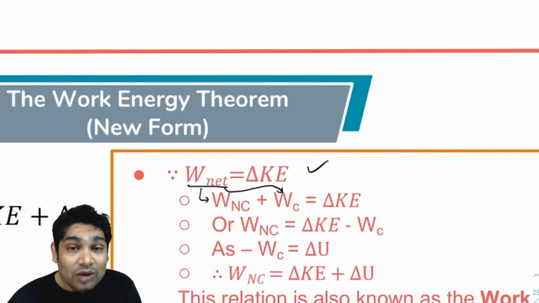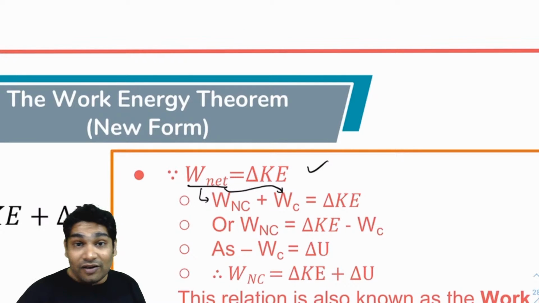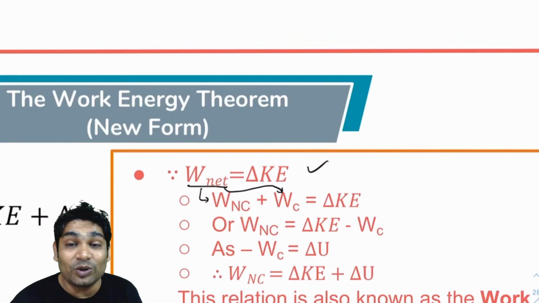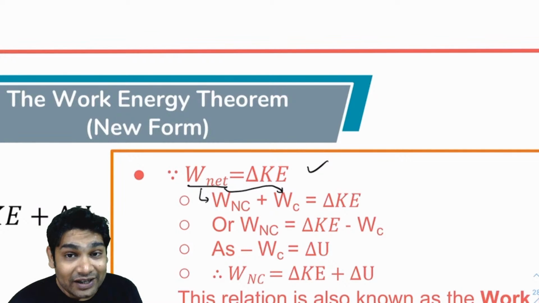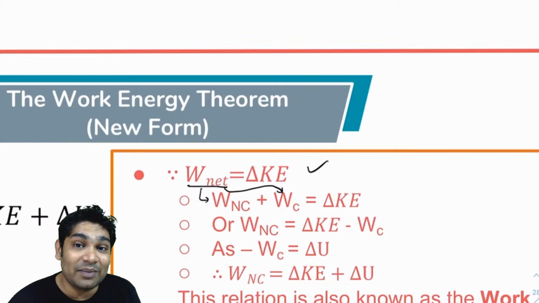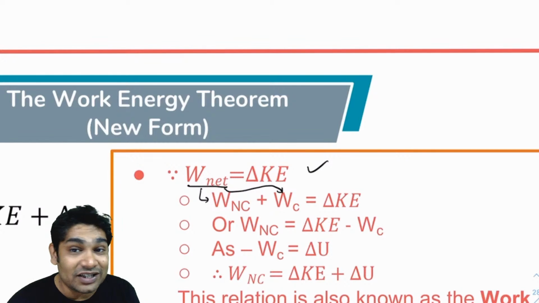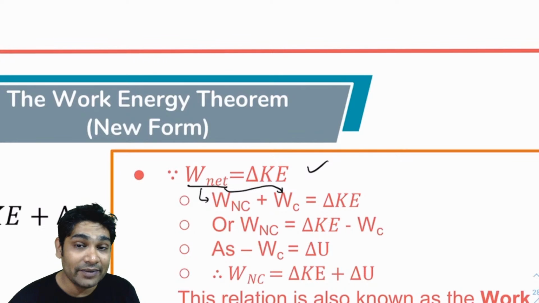Alright, so I can rewrite the equation of the work energy theorem, which said the net work done by all the forces is equal to delta KE, as work done by non-conservative forces plus work done by conservative forces equals delta KE. Now if I rearrange the equation, work done by non-conservative forces is equal to delta KE minus Wc.